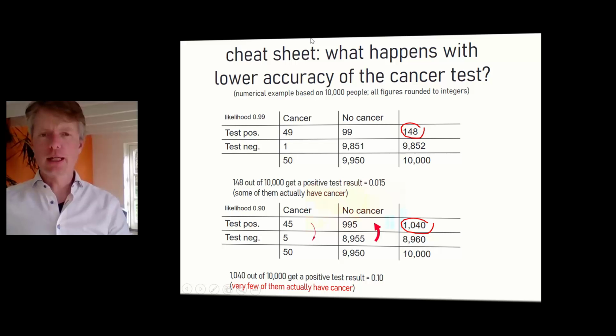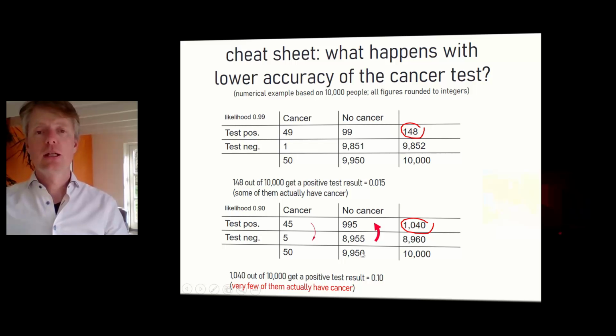And the trouble here is with the large population of people that do not have cancer, which is great of course, but what happens is that if you have a not so accurate test, then out of those 9,950, we have 10% of them getting a positive test result, which is almost 1,000 people.